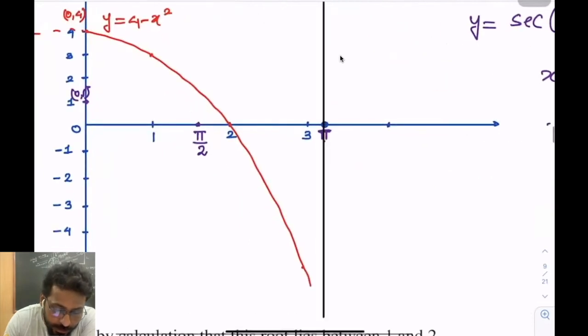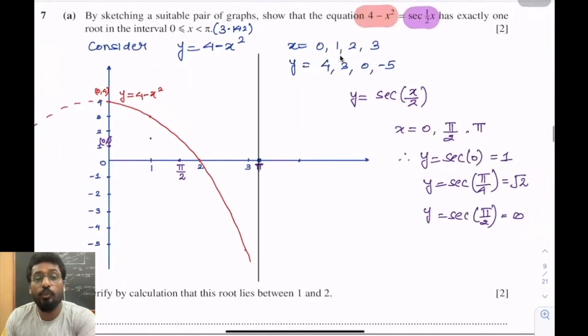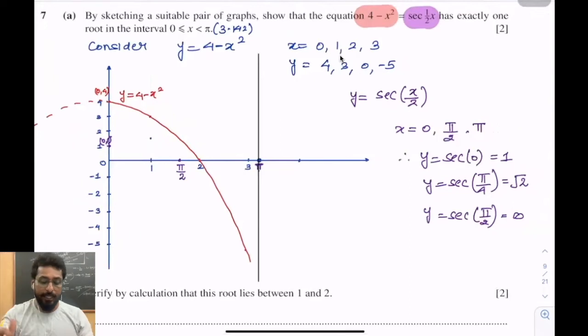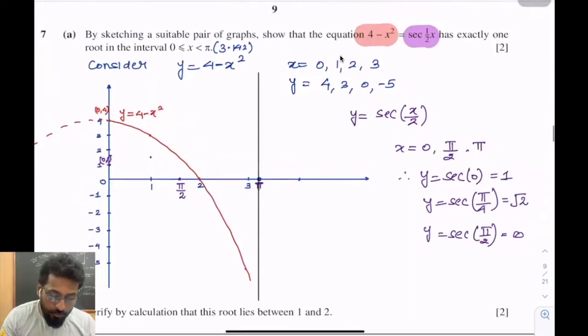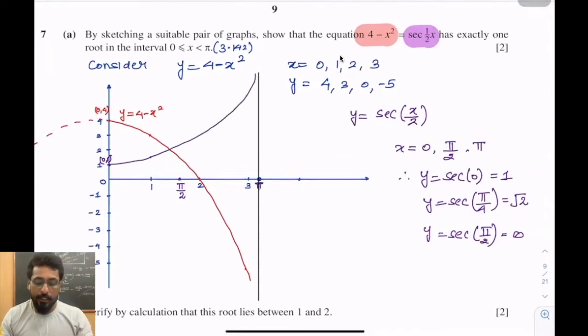So it will be somewhere here, let's say. Okay. And for x equal to pi, it's going to be infinity. So it will simply stretch, right? So the graph is going to go like this, and then it will become almost parallel to the asymptote. So I'll just draw it that way.